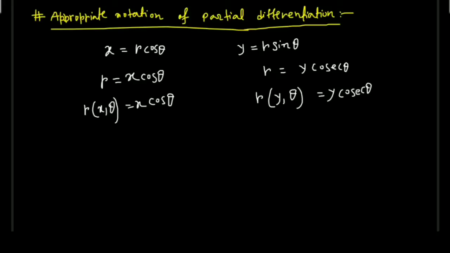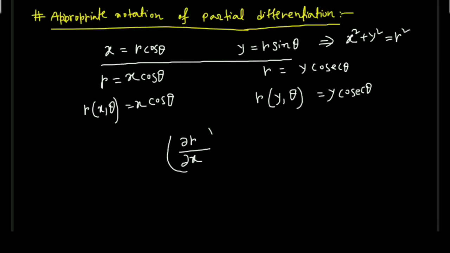And x and y are also related to each other. You can derive the relation between x and y from these two equations, and I think you know that x square plus y square is equal to r square. So if I do not mention exactly from which relation I have taken a derivative, that is, if I write del r del x, then you will be confused about which variable is kept constant in this del r upon del x.